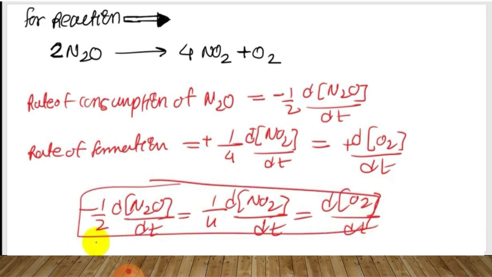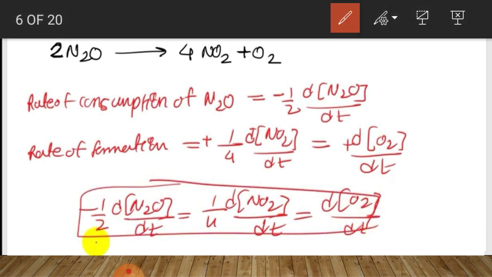So the rate of consumption of N2O is equal to minus 1 by 2 d concentration of N2O divided by dt. And what is formed? Plus 1 by 4 d concentration of NO2 divided by dt, is equal to d concentration of O2 divided by dt.